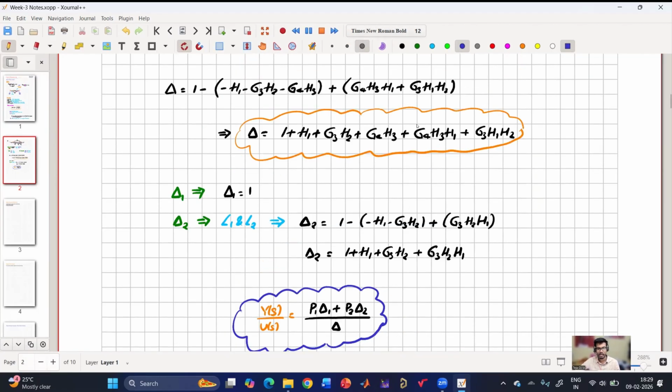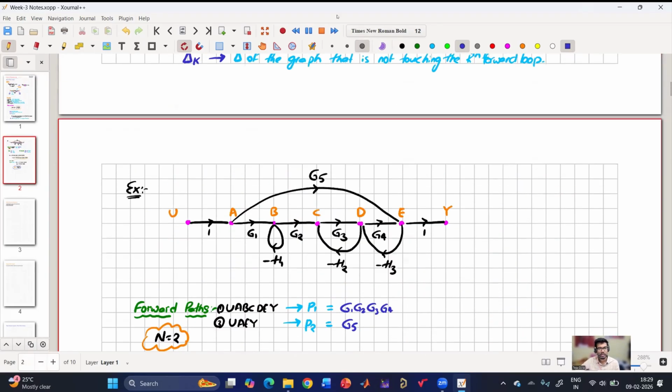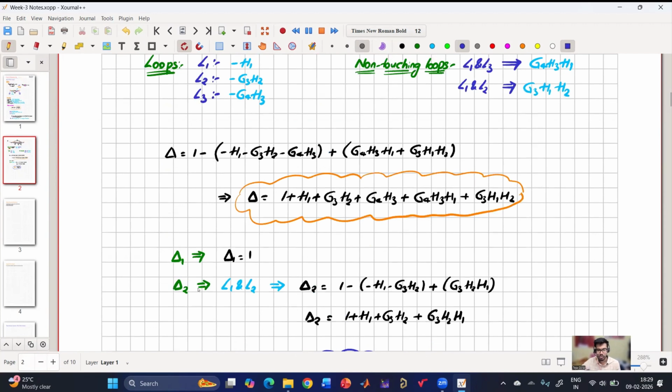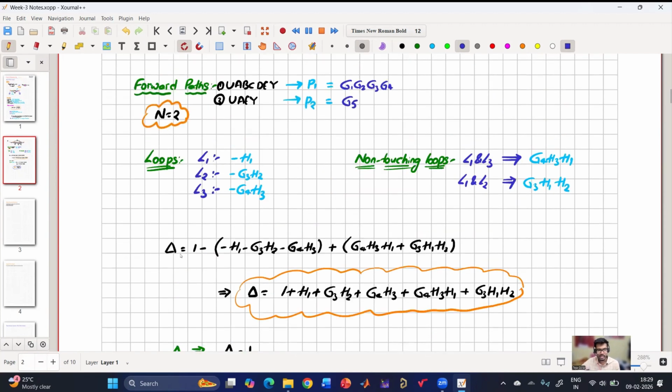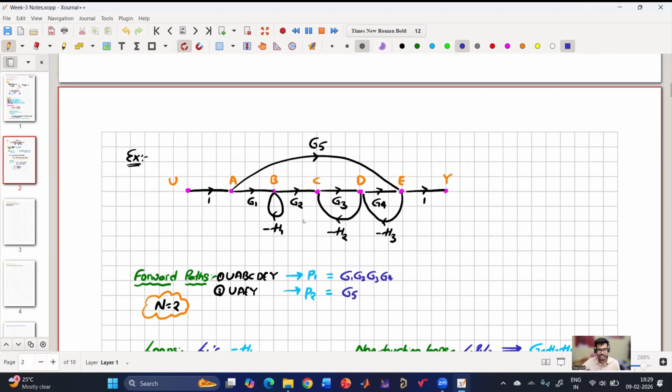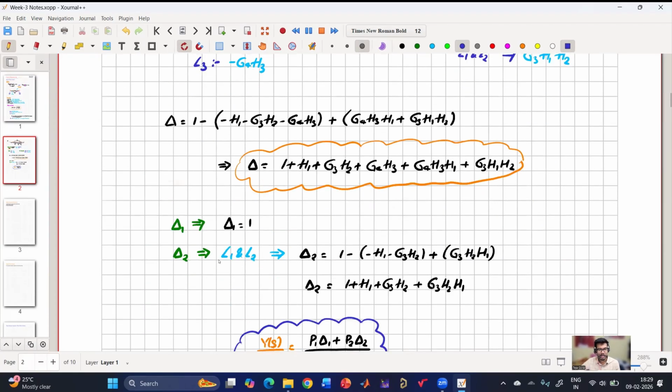Have we understood? So delta 2, can you tell delta 2? Yes, so for delta, what are we considering? For delta, we are considering the entire circuit and all the loops in the circuit. But when we say delta k, we have to consider those loops which are not part of that path.